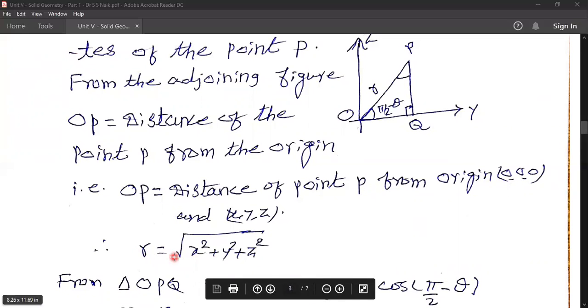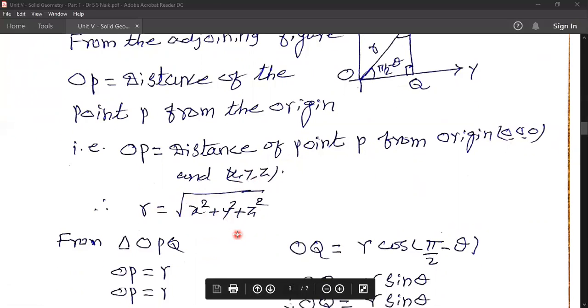Therefore, r is equal to the square root of x square plus y square plus z square. So that is the distance formula: the distance between the point x, y, z and the origin 0, 0, 0 is equal to r, where r is equal to root of x square plus y square plus z square.